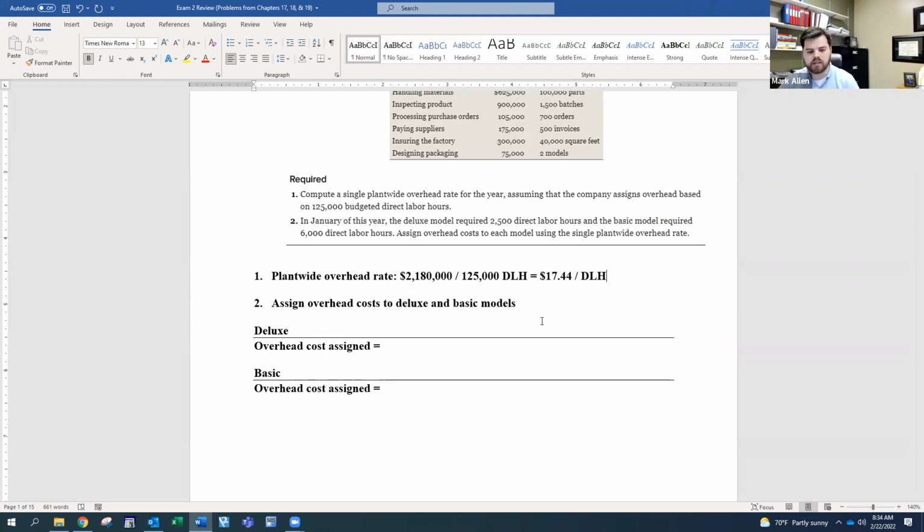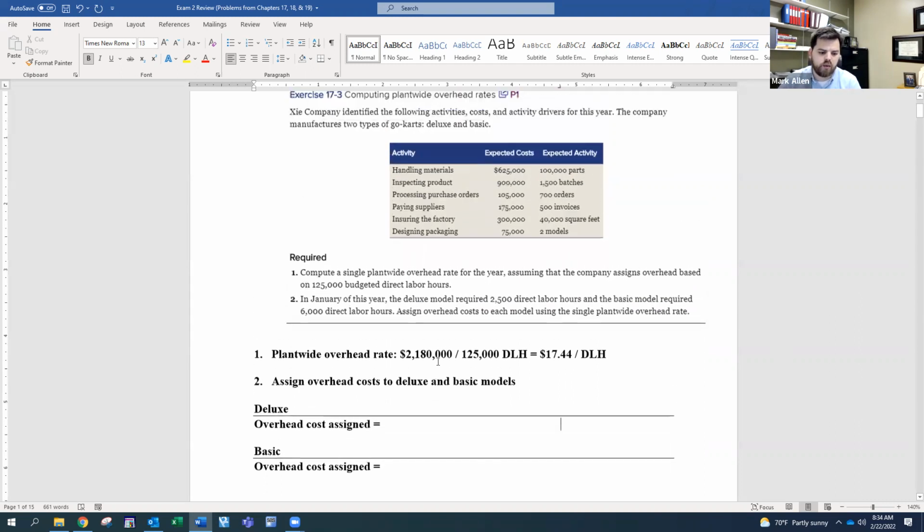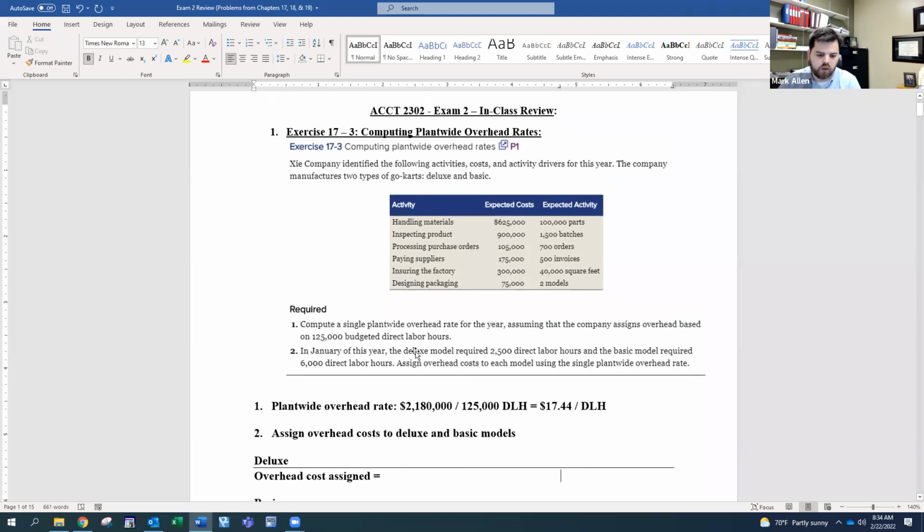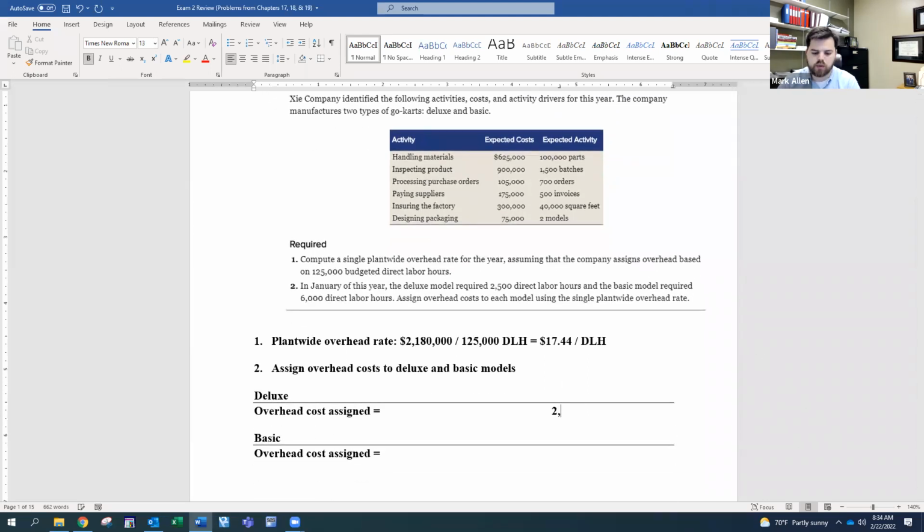Now the last step here is actually assigning that overhead. With the deluxe model, they told us the deluxe model required 2,500 direct labor hours. So we'll take 2,500 direct labor hours times our rate, $17.44 per direct labor hour.